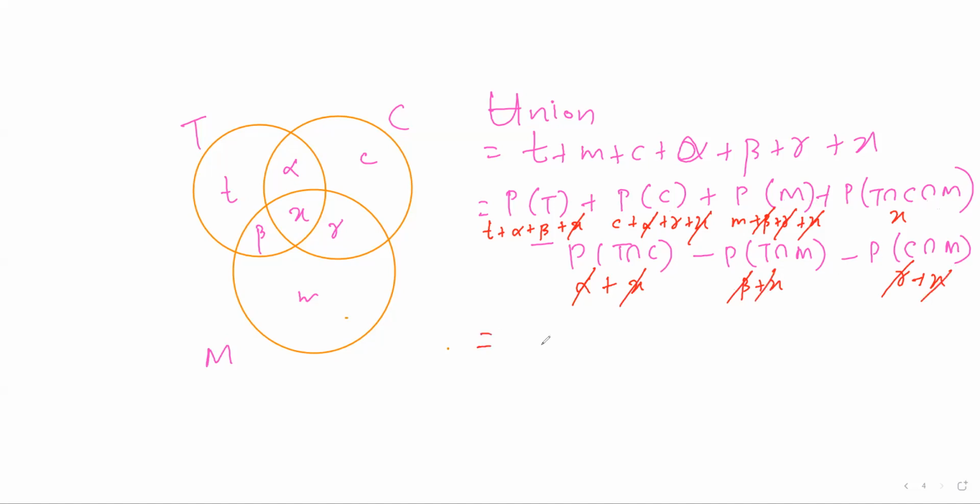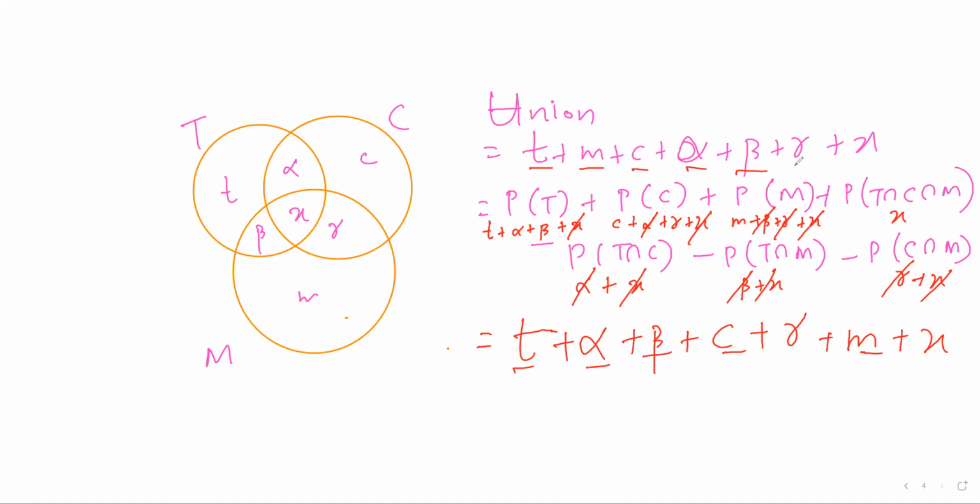Now you get the remainder, which is T plus alpha plus beta plus C plus gamma plus M plus X. Now this is equal here: M and M, C and C, alpha and alpha, beta and beta, gamma and gamma, and X and X.